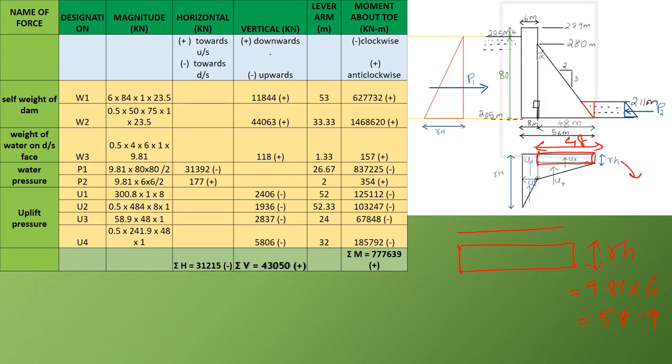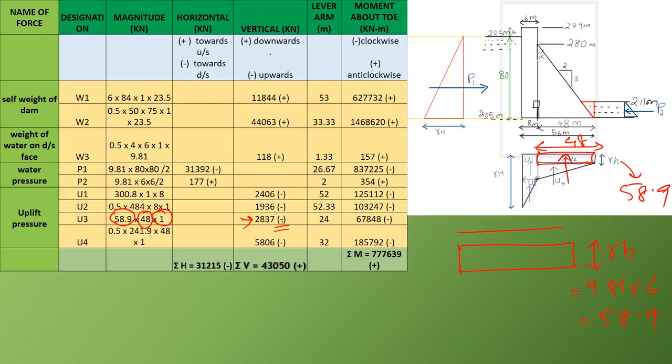Therefore we have the area of that rectangle as 58.9, the height, multiplied by length 48, into unit length of the dam, that is 1. So multiplying that, you will get the magnitude of U3 as 2837, which is also acting in the upward direction, so it is taken as negative.